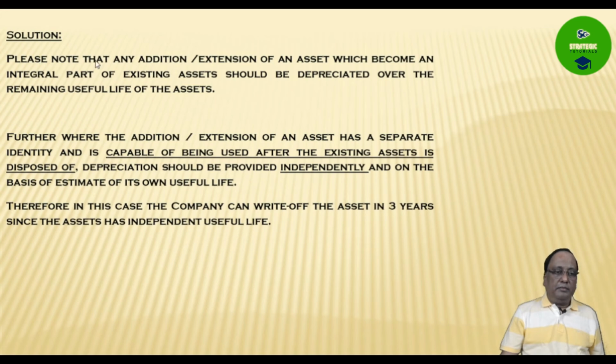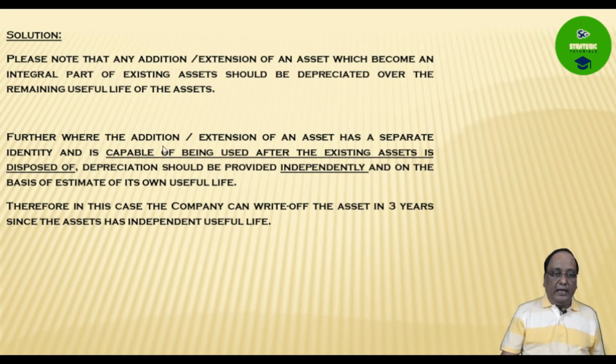Solution. Please note that any addition or extension of an asset which becomes an integral part of the existing asset should be depreciated over the remaining useful life of the asset. So you should keep in mind, this is very important.